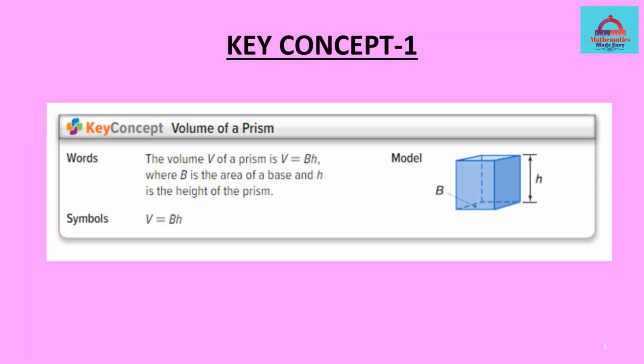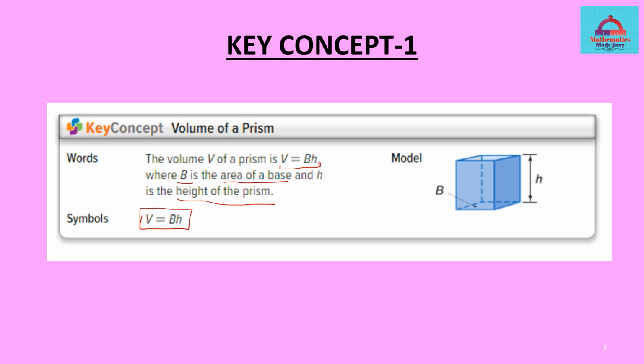So the first key concept for today that is going to be helping you to find the volume of a prism is going to be this general formula. It's written as V, denoting the volume of a prism, equals capital B multiplied with small h. And if you have watched the previous videos, then I'm sure you all can recall that capital B here denotes the area of the base of the prism and h is the height.